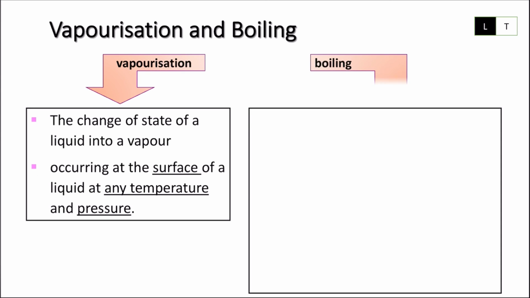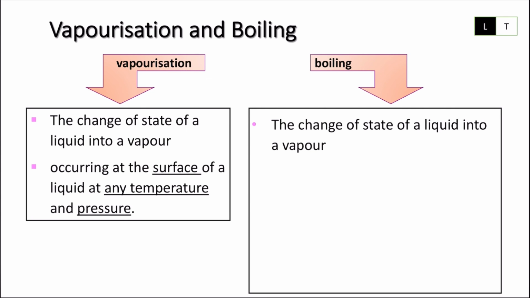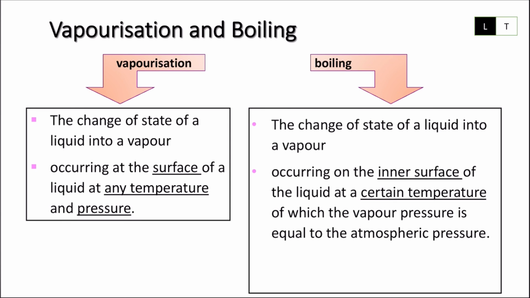Sekarang untuk boiling process masih lagi sama definition dia, change of state of liquid into a vapor. Tetapi tempat berlaku dia boleh berada di dalam within the liquid molecules and also on the surface. Boleh buat dua-dua. Dekat surface dengan dekat dalam liquid particles.